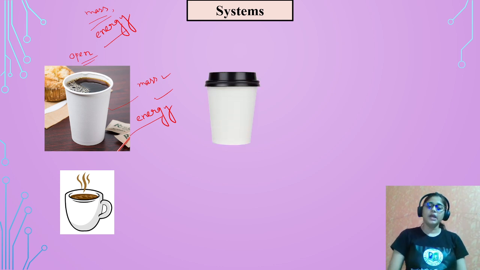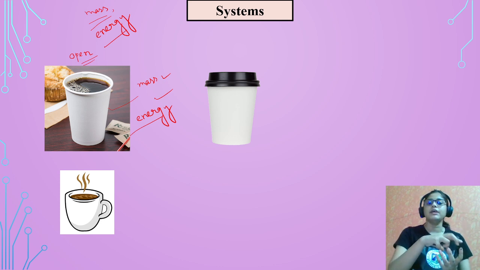Next, we don't want that everything is exchanged with the surroundings. So we take a lid which fits perfectly on that cup. With that lid we cover the cup well, so that it tightens the cup and no vapor will go outside.